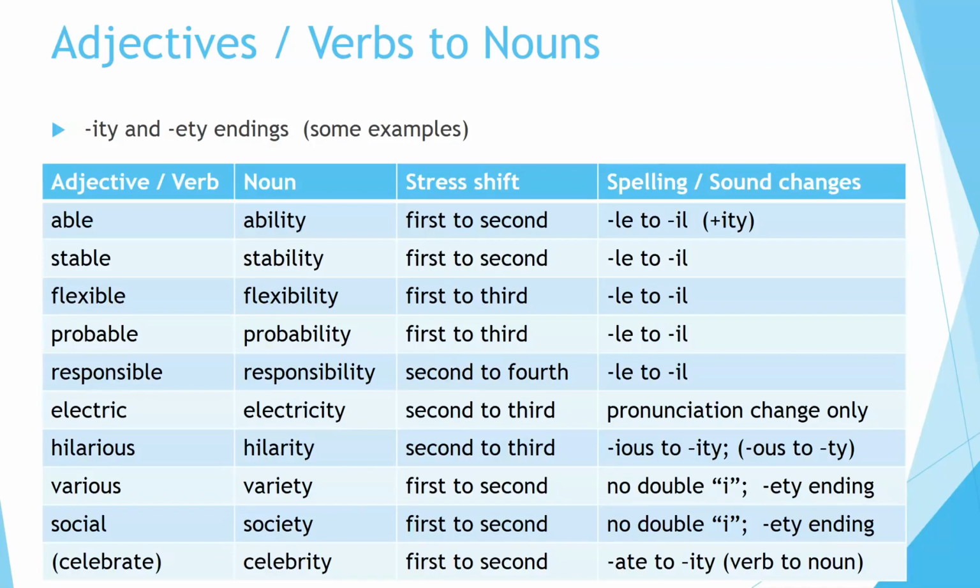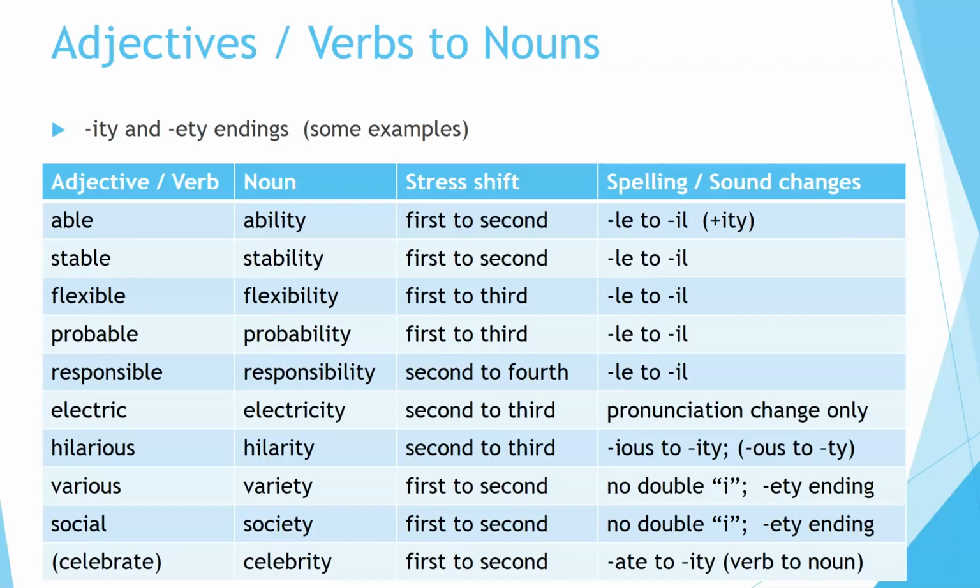Let's look at the next one. Hilarious, hilarity. The stress goes from the second to the third syllable, IOUS to ITY, or if you want to consider the ITY as part of the ending, it would just be OUS to TY.